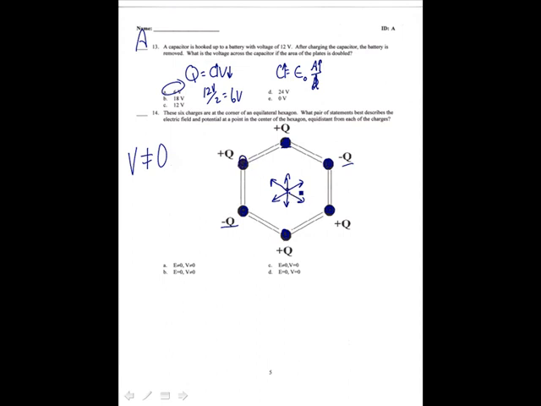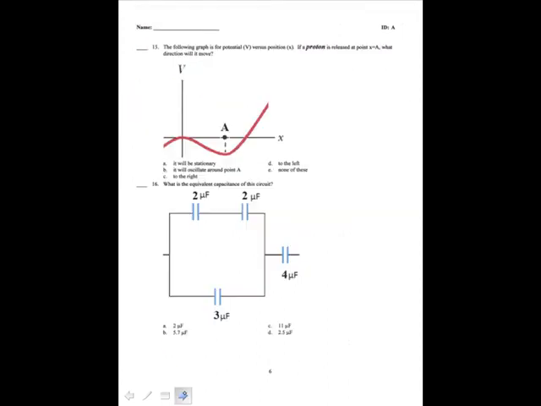To find the direction of the electric field, you ask yourself, what would be the direction of the force on a positive test particle at that point due to the charge that you're considering? And that direction of the electric force is the same as the electric field. So you see, we have equal vectors that all cancel out, so that means that the electric field is equal to 0, and that's option B.